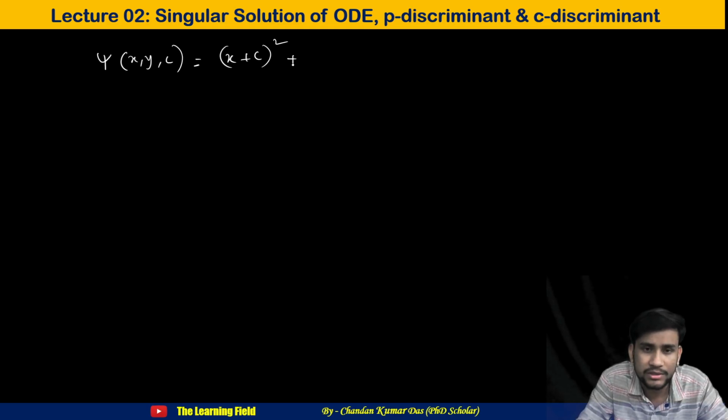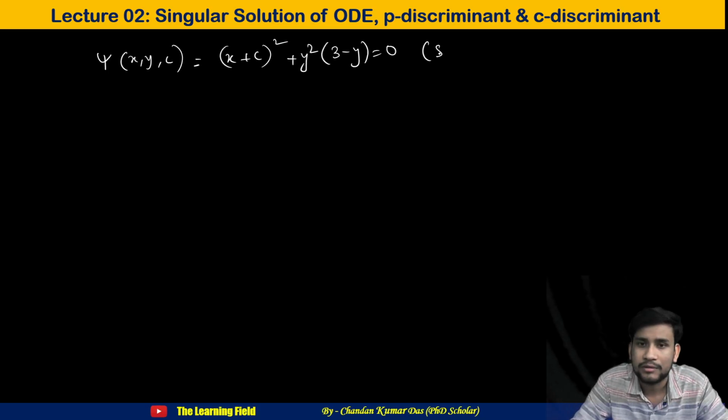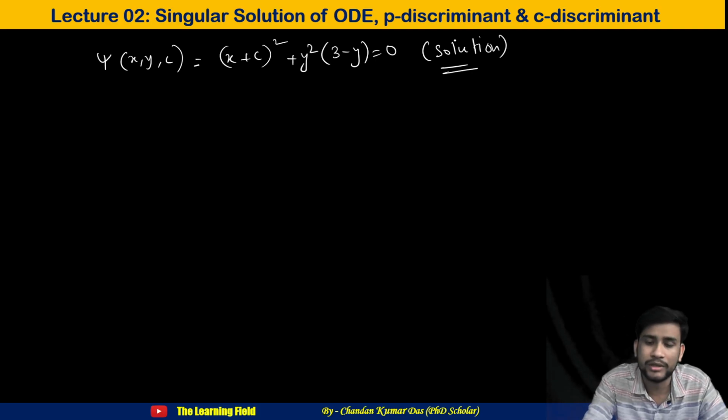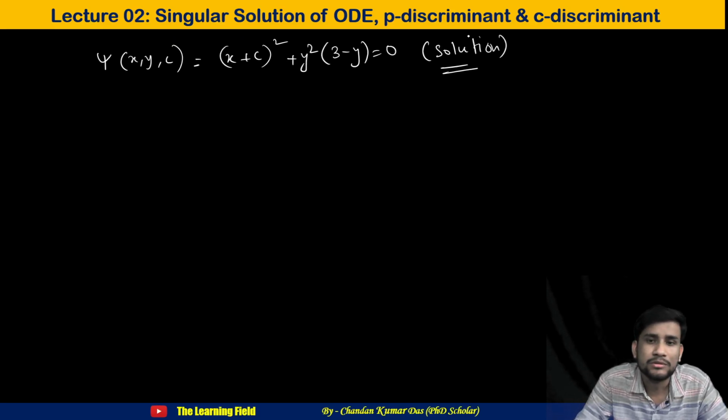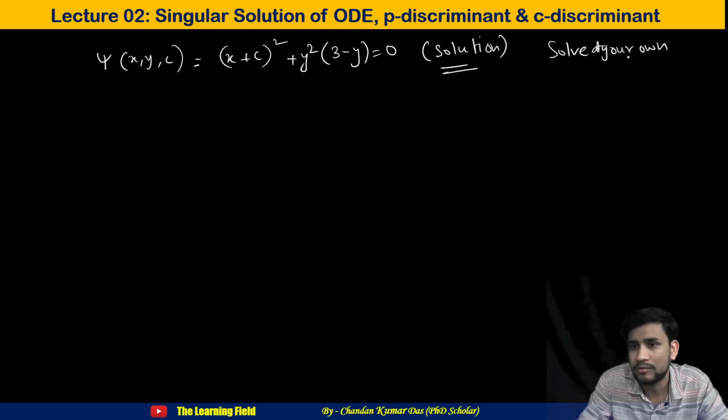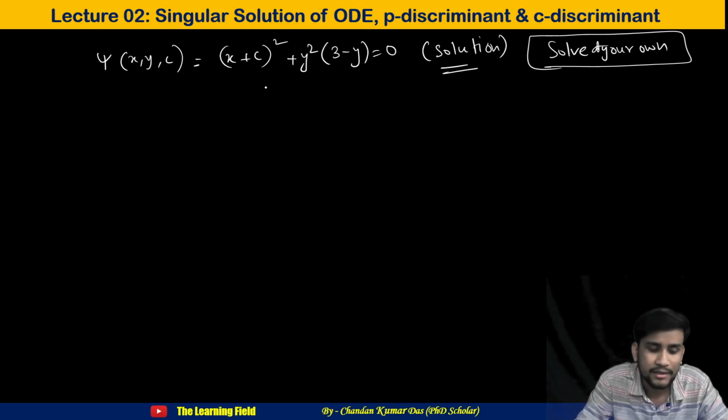After solving this, we get y square into 3 minus y equal to 0. If you solve the differential equation, you will get this solution.